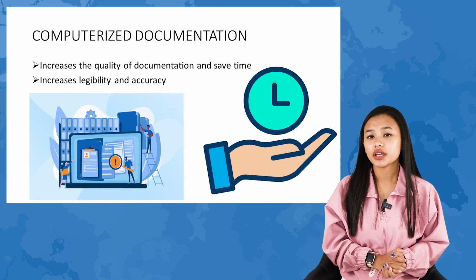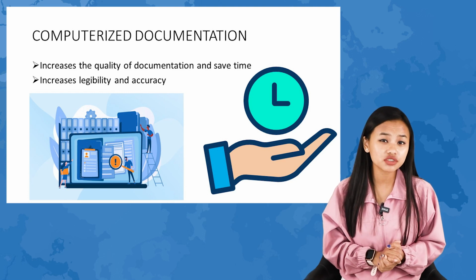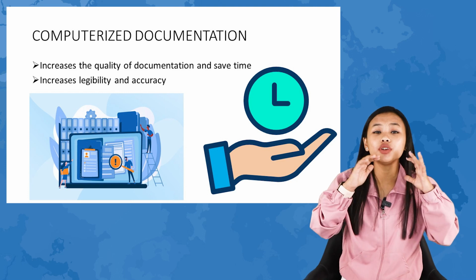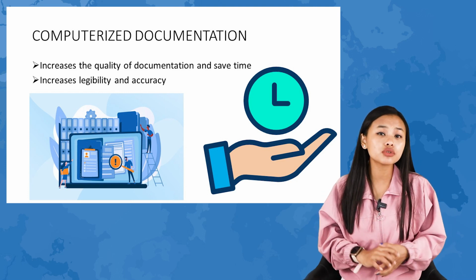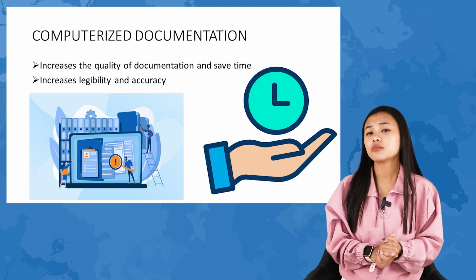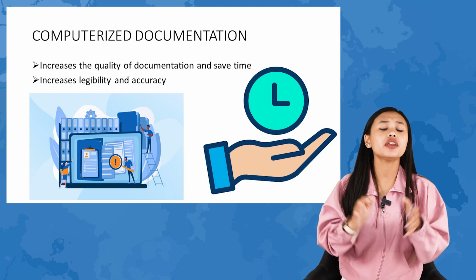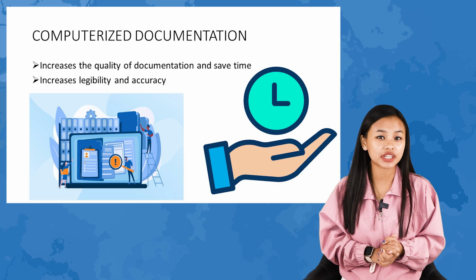And then moving on to the next one, that is computerized documentation. This computerized documentation is the process of recording with the help of the computer. This is also the most effective and the most commonly used one. Why? Because it stores the data. It also increases the quality of the documentation and saves time as well.